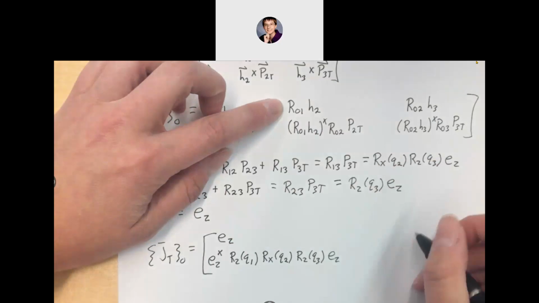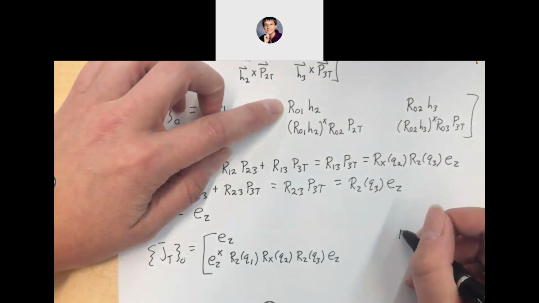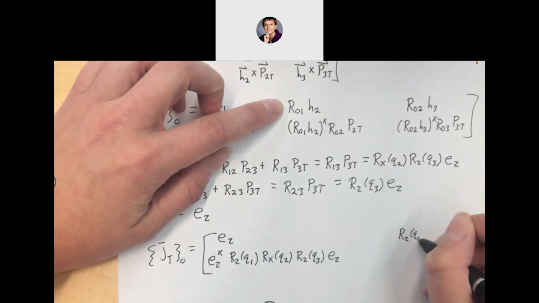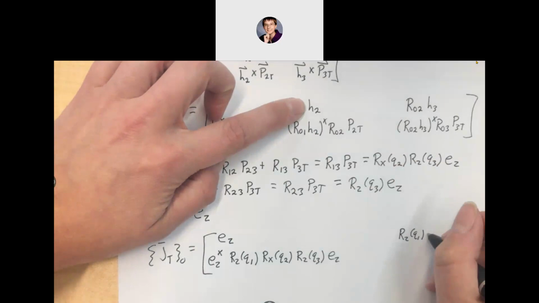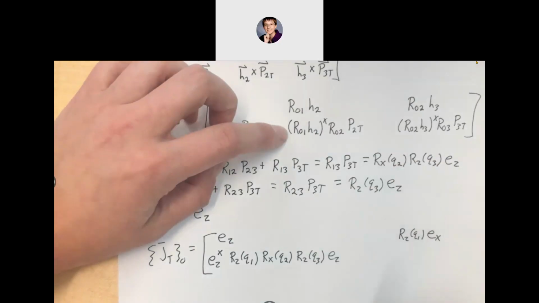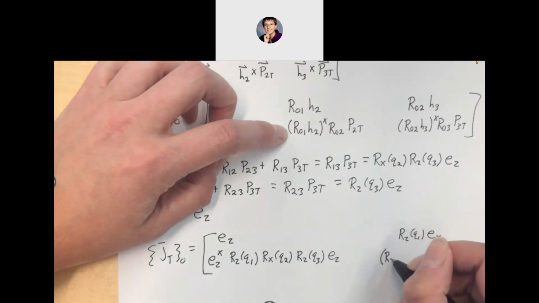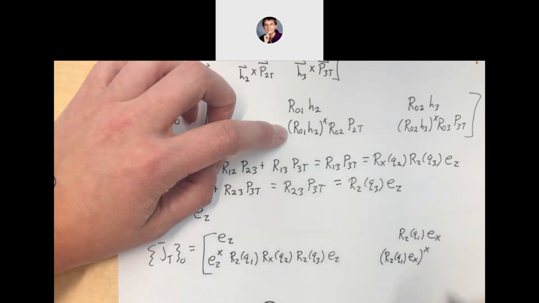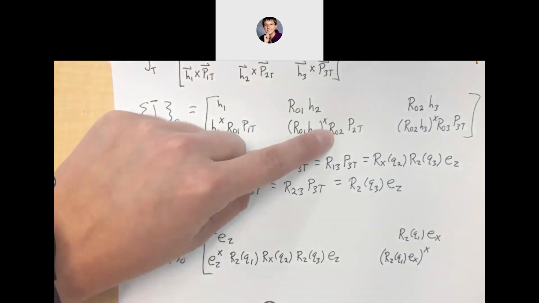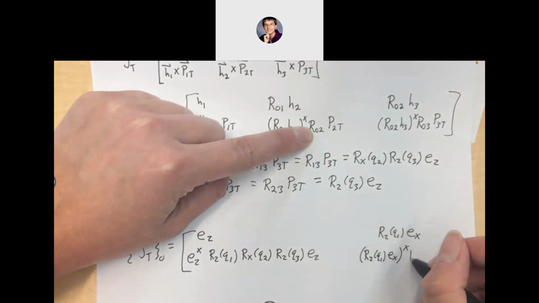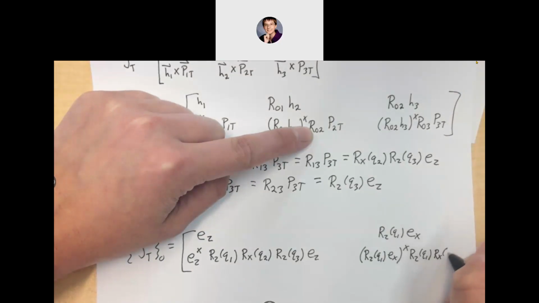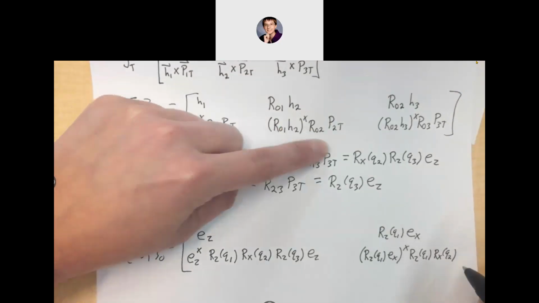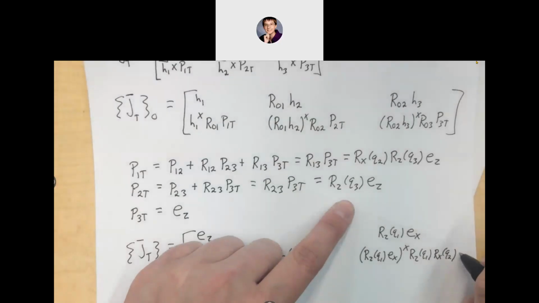And then we have RO1 times H2. We have RO1 H2 cross times RO2 times P2T.